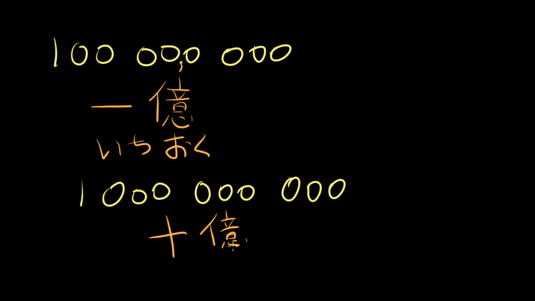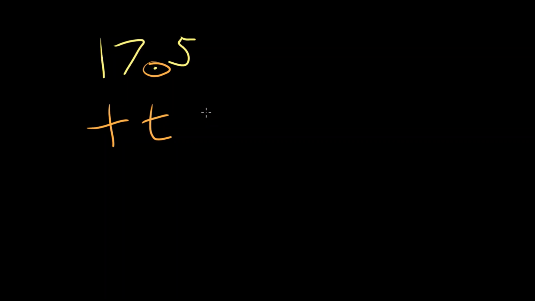Okay, let's have a quick look at decimals. So for example, 17.5. Well, you just say the number before the decimal point. So that would be 17. And this little point here, you can just refer to as ten. Do you remember ten as in, for example, katakana with ten-ten? I think it's the same character.